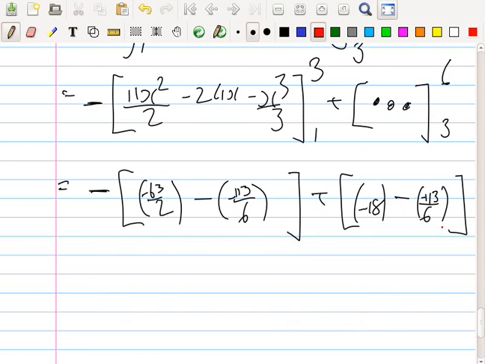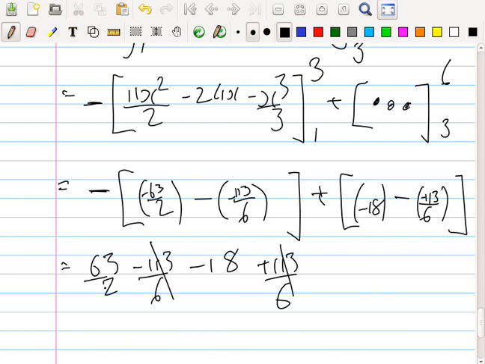You notice that this will be a minus and minus, positive. Yeah, well let's just put it in. 63 over 2, minus minus, minus. That cancels that. 27 over 2 is the answer.